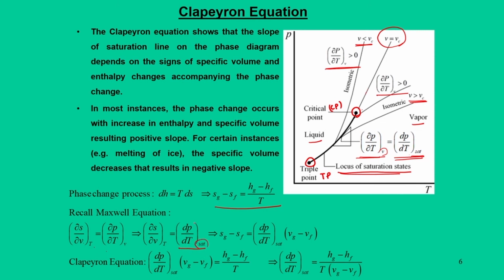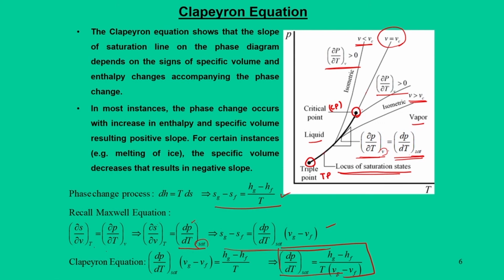The significant point is that if we can find this slope, it gives the change in entropy with respect to the change in specific volume. Further, this equation is simplified to a finite form, and when we equate these two equations we get the Clapeyron equation: dP/dT along the saturation line times (Vg minus Vf) equals (Hg minus Hf) divided by T. Finally we arrive at a very fundamental relation for dP/dT on the saturation line.